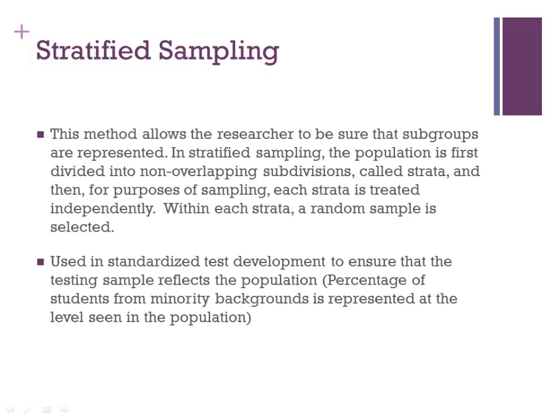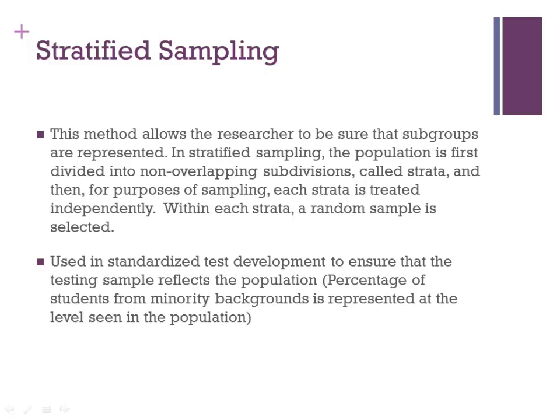Another method, stratified sampling, allows the researcher to be sure that subgroups are represented within the sample. And a lot of times researchers developing standardized tests will use stratified sampling. And the idea here is, let's say you have a population with specific groups within it that are divided in strata.